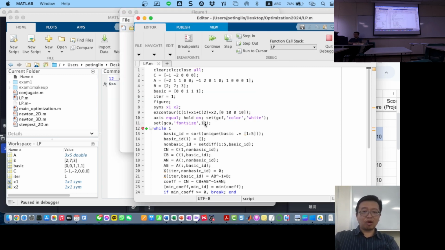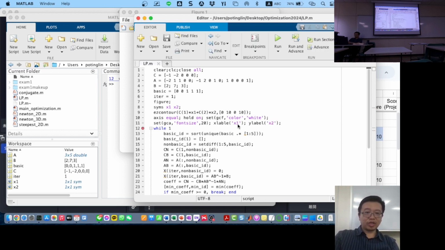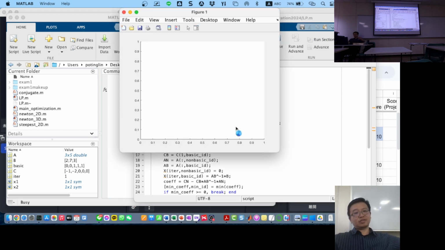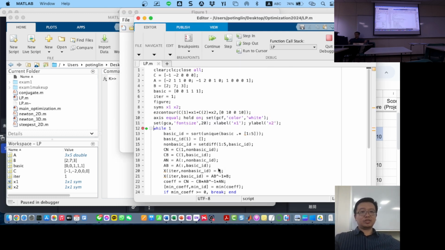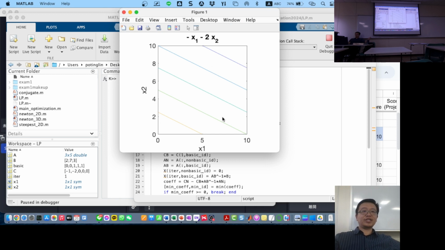Oh, 10 is too small. Okay. Title, nothing. We don't need this. X label, X1. Y label, X2. Okay, let's do this. Oh, not X label, label. So you have something like this.